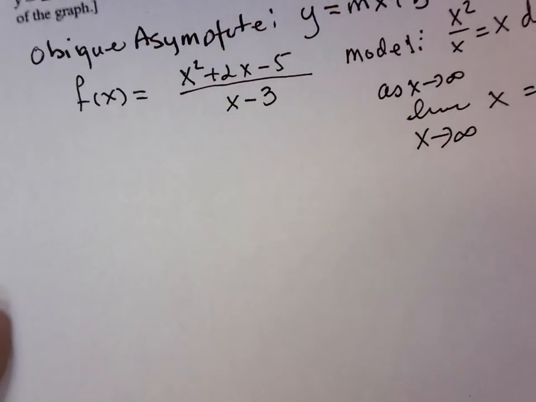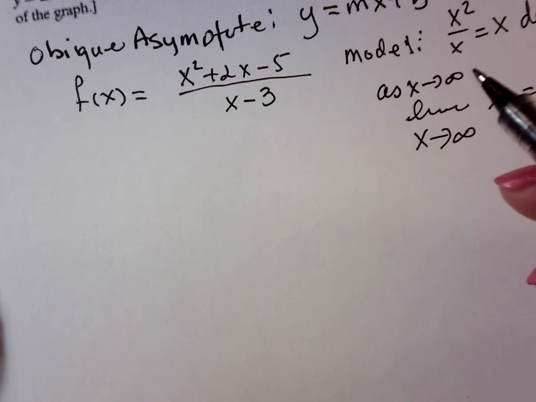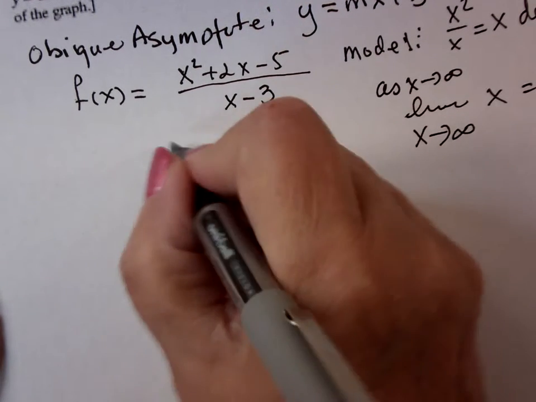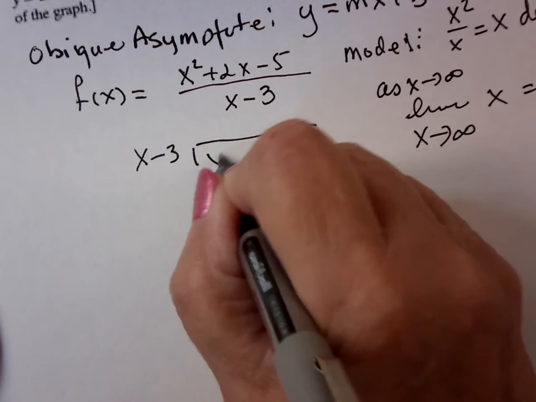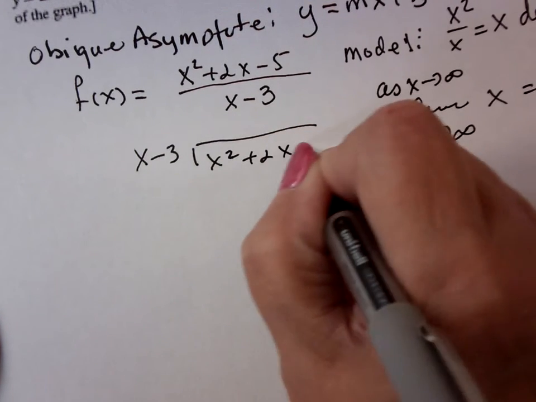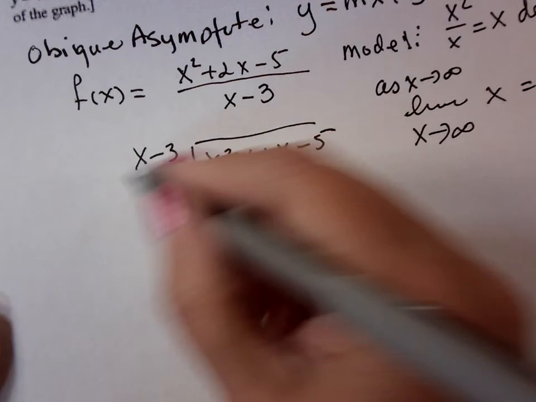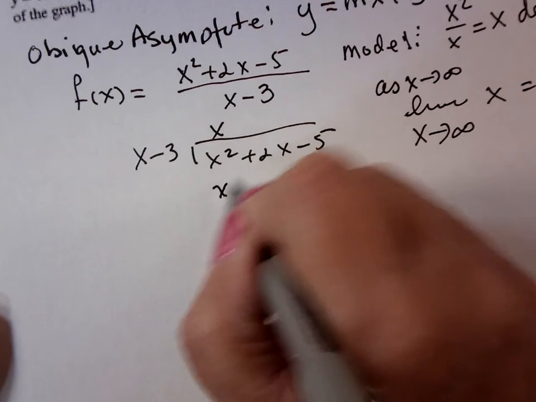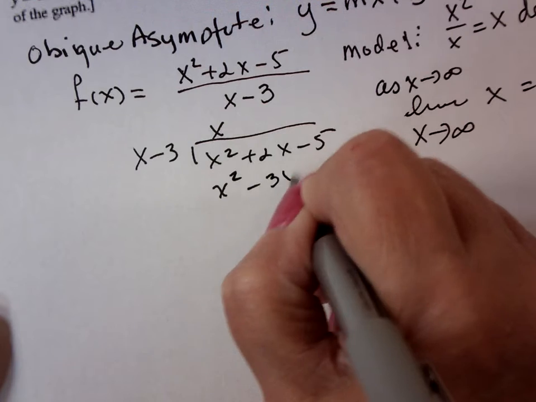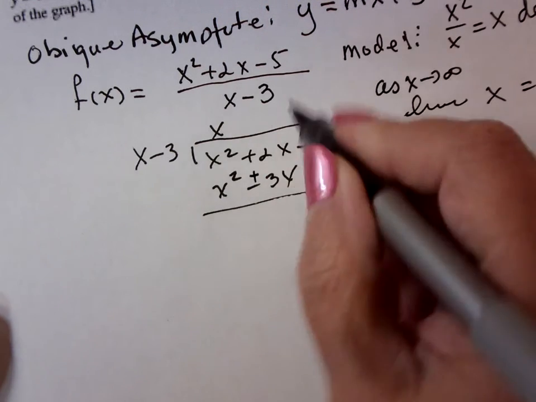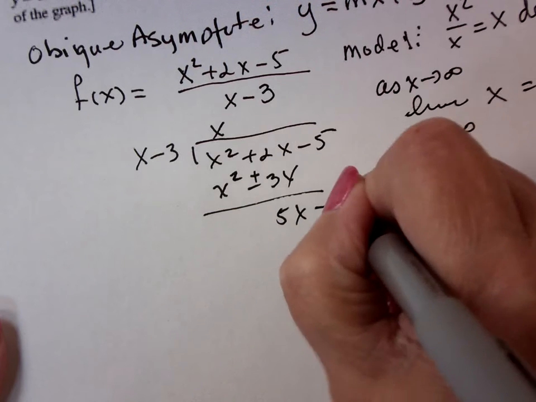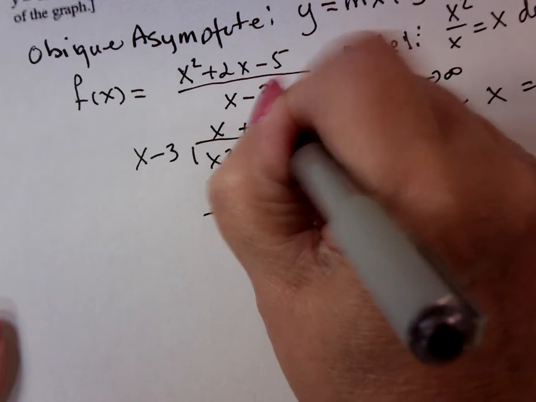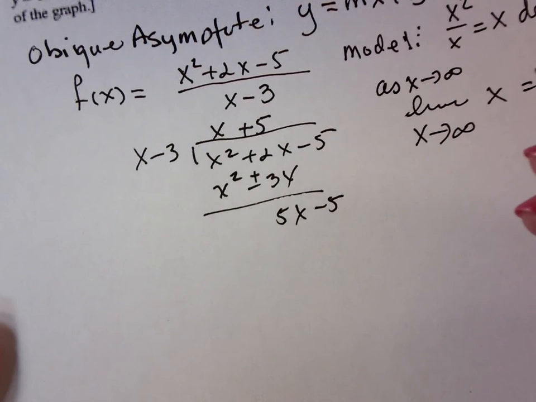Well, you actually found it by taking x minus 3, dividing it into x squared plus 2x minus 5. So this would be x squared minus 3x. This is a 5x, so that's going to minus 5. That becomes a plus 5. And it's x plus 5.